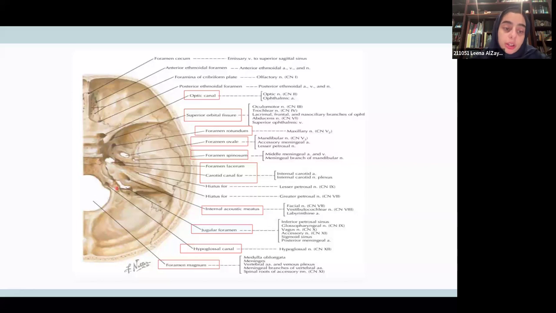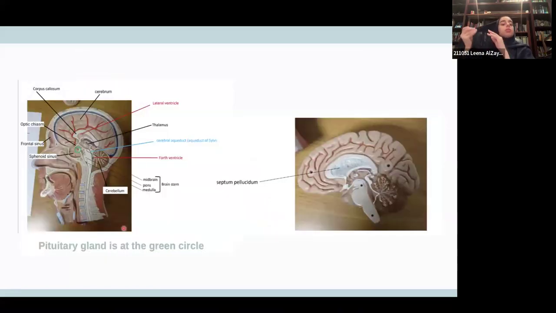And then the hypoglossal canal over here is for the hypoglossal nerve, and the foramen magnum is for the brainstem, the meninges, and the vertebral arteries and the spinal root of the accessory nerve or 11th cranial nerve. Okay? So this is kind of what you have to know.